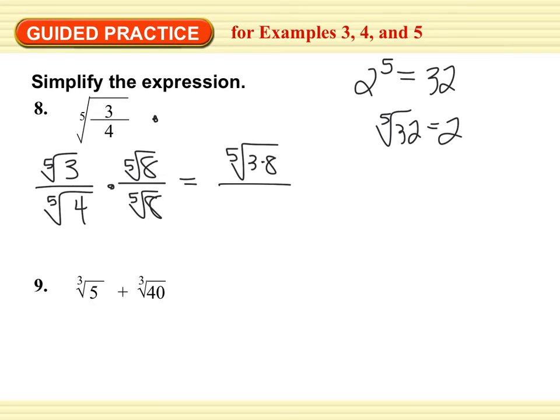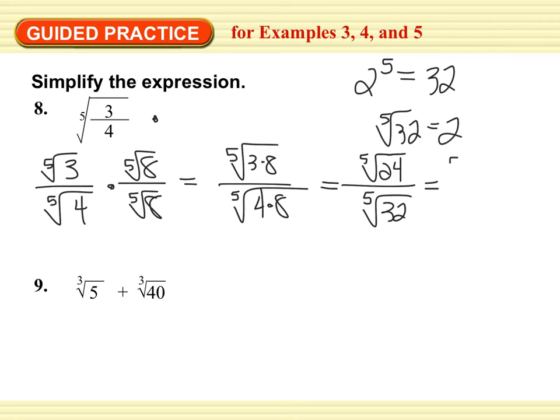That gives me 3 times 8 over 4 times 8. So I have the fifth root of 24 over the fifth root of 32. And we just said the fifth root of 32 was 2. Cool? Awesome. Now I'm adding. I bet I need this radical to be a 5.